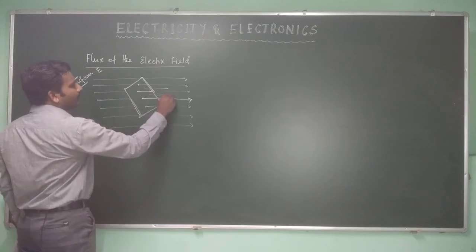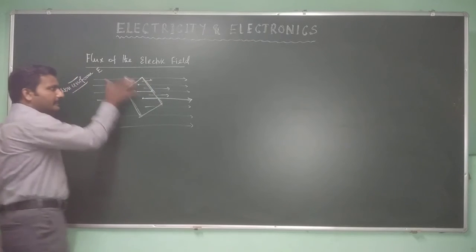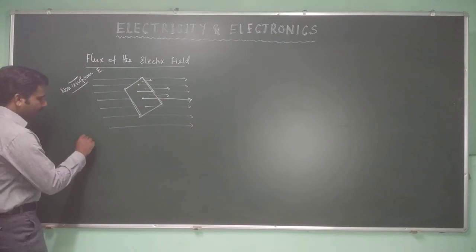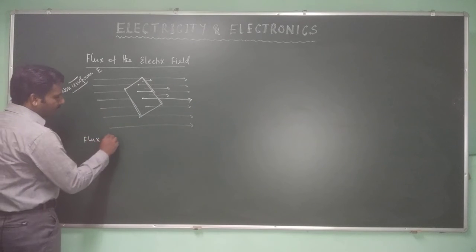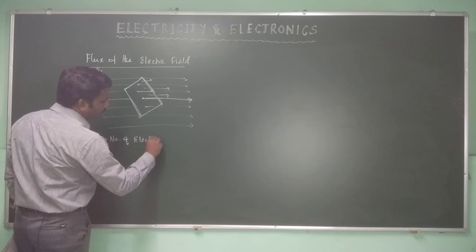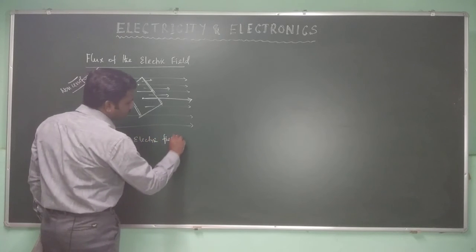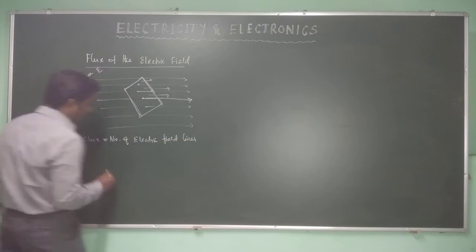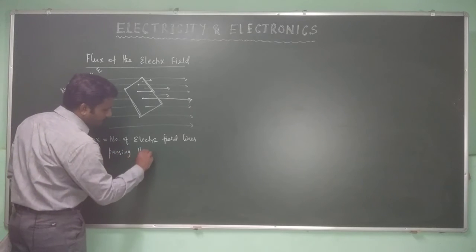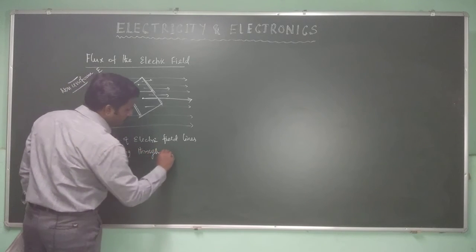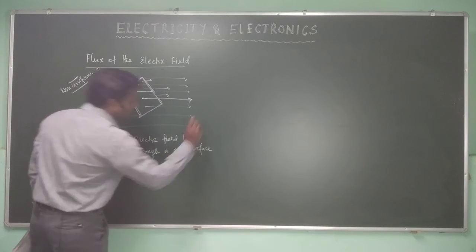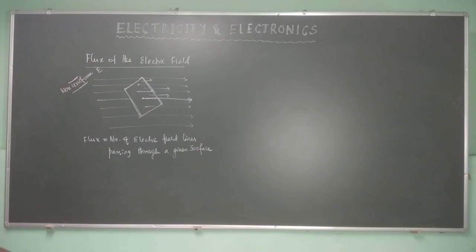Likewise there are n number of lines coming out of this considered plane. Now you can define flux as the number of electric field lines passing through a given surface.